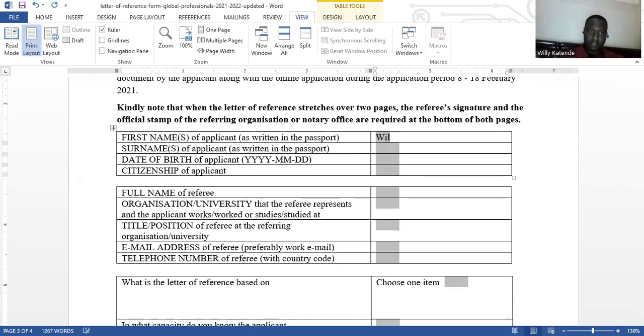Say Willie. Second name Katende, and then date of birth, maybe 25th. Then you have to follow the format. You have to put the year first, and then you put the month, then you put the day.